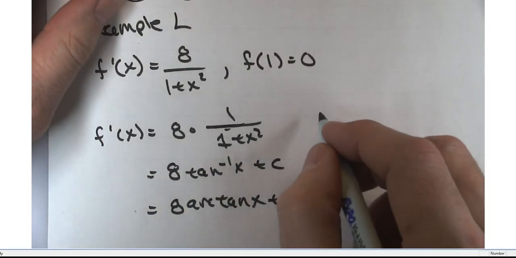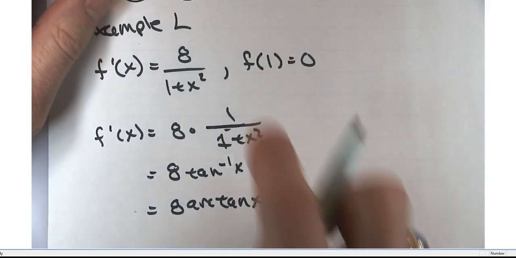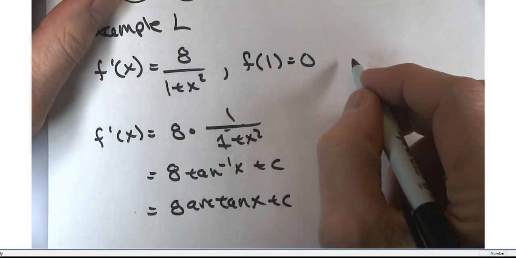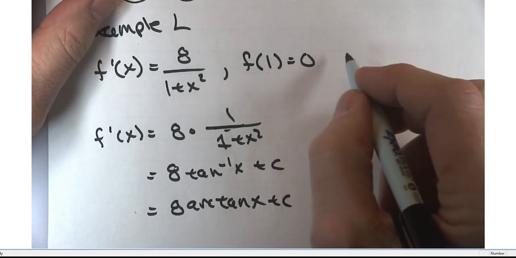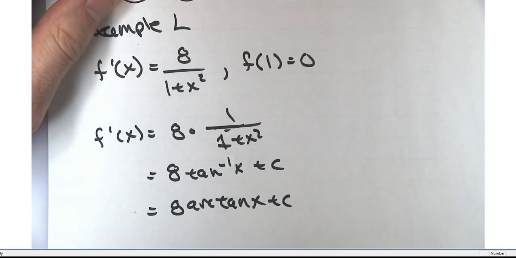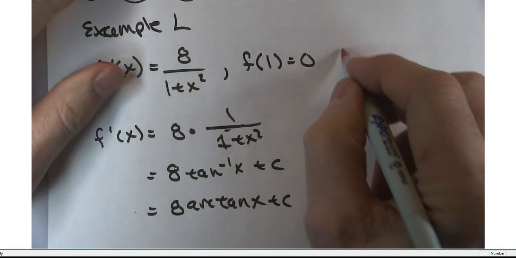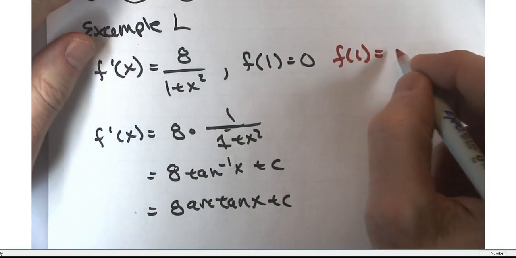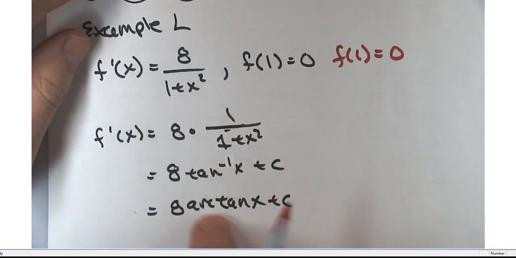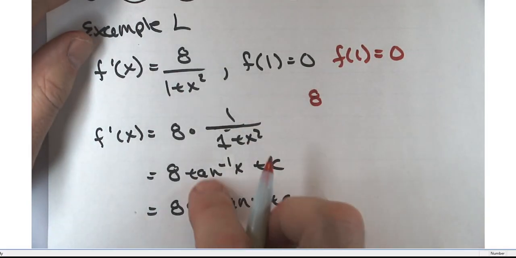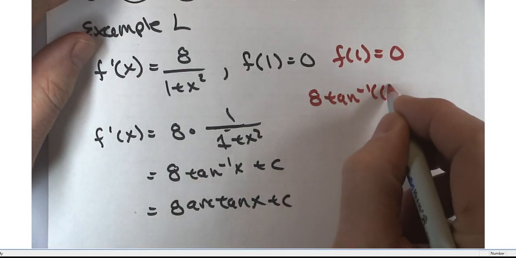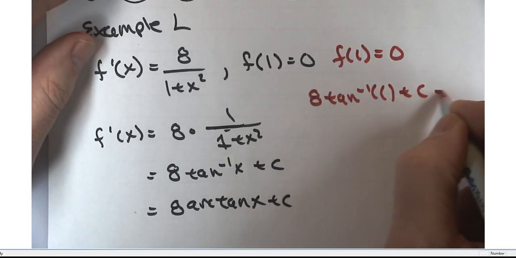f of 0, or excuse me, f of 1 would equal 0. Let me write it in red. f of 1 equals 0. f of 1 is going to be 8 times tangent inverse of 1 plus a constant equals 0.